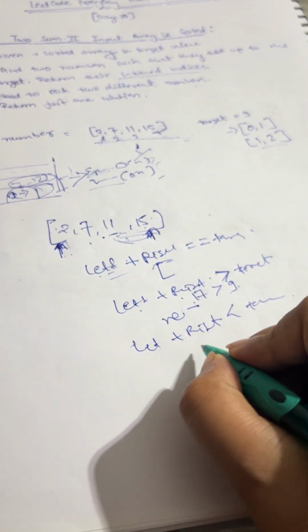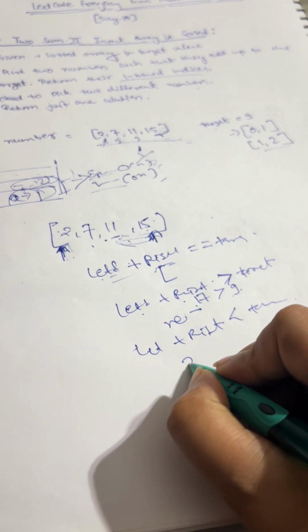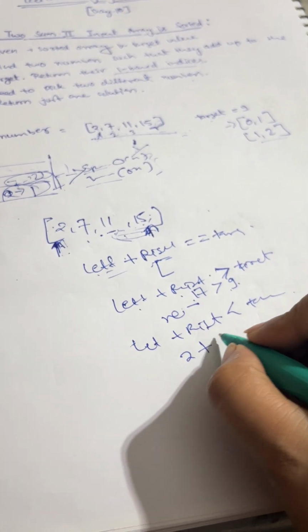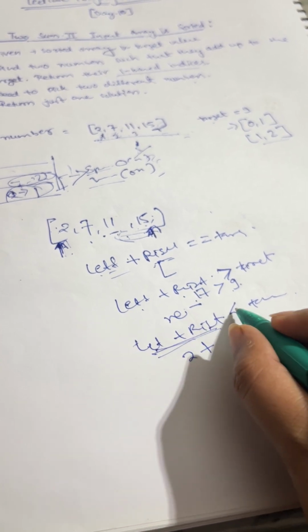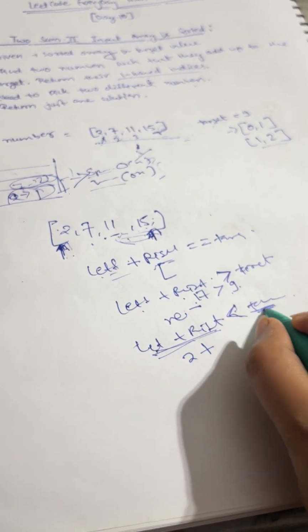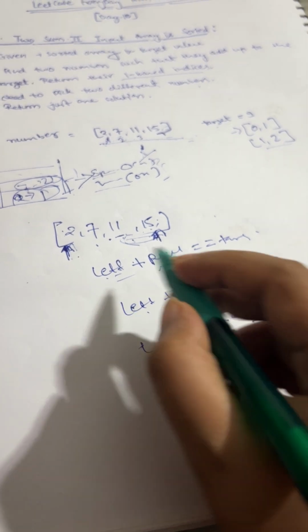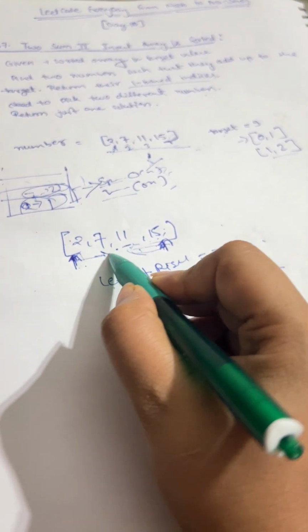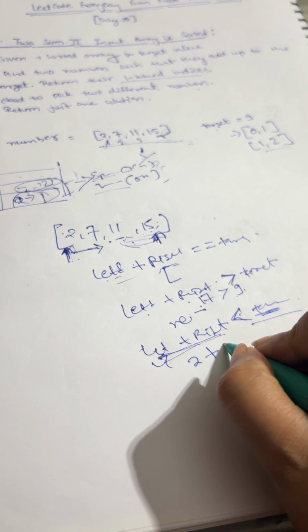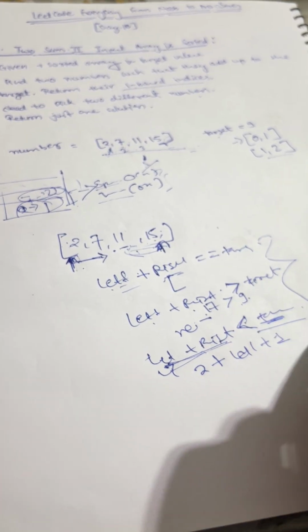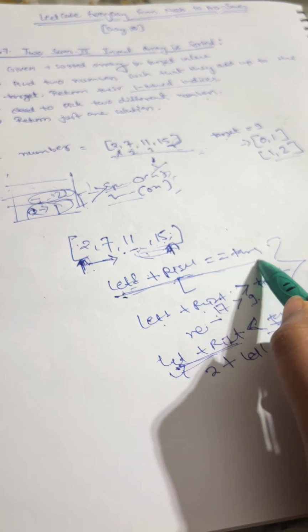But if the sum is less than the target, then we need to increase the value so that we can move towards the target value, right? So we will increment the left pointer by 1, and when we do that we will get our target value.